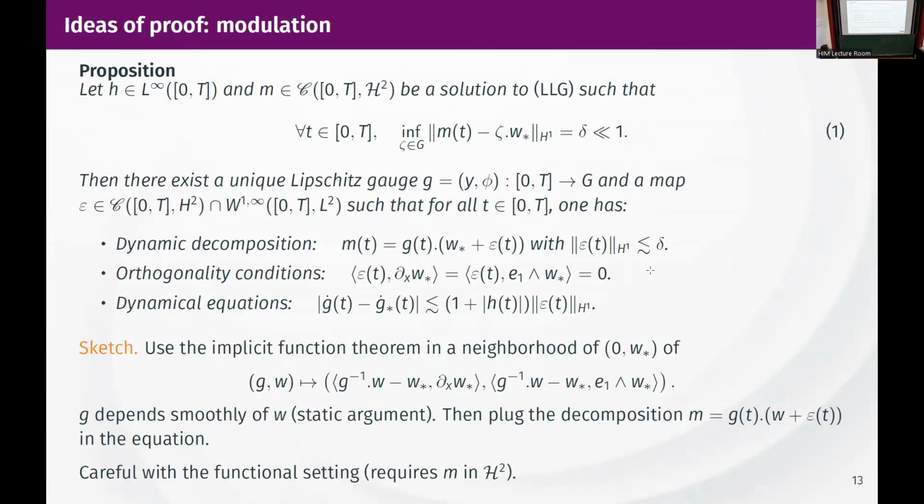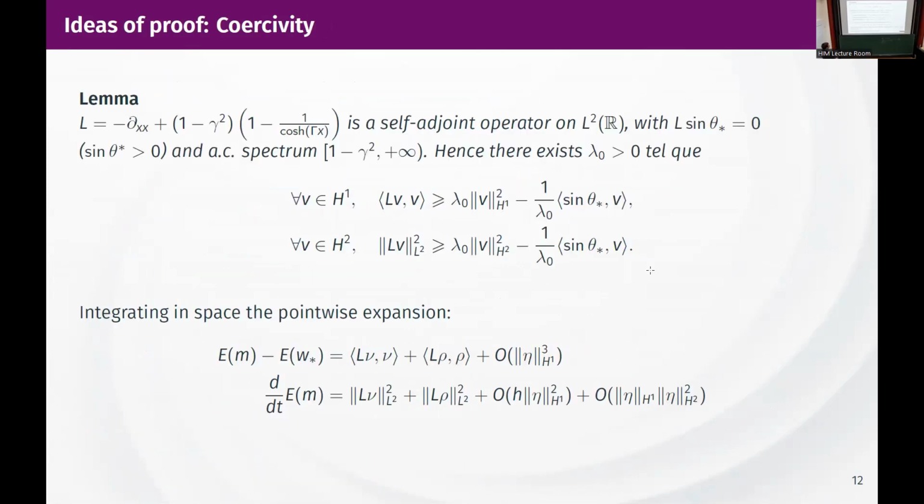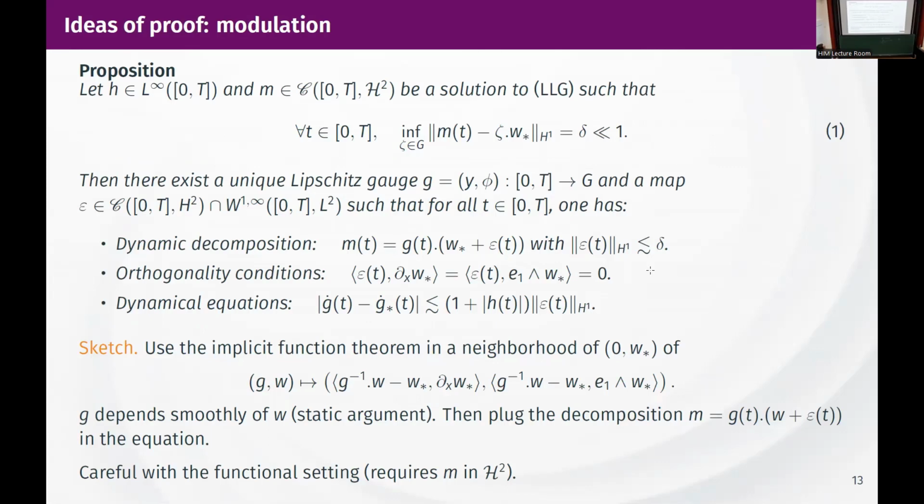Okay, so now we'll speak a bit about modulation. So what is modulation? The idea is, okay, I have a group of symmetry of my equation, and instead of looking at the scalar product and looking at the flow of the scalar product, sin theta star comma eta, which could be done, I want to look at the evolution of geometrical parameters.